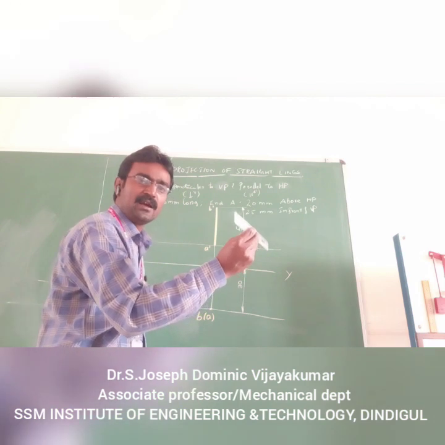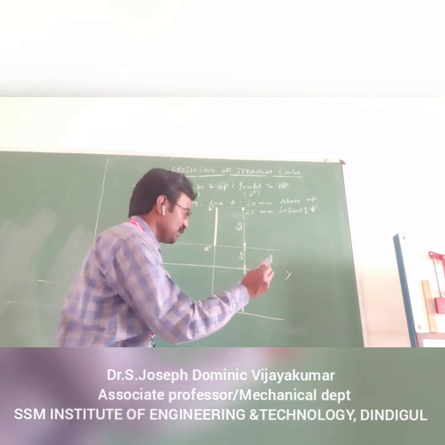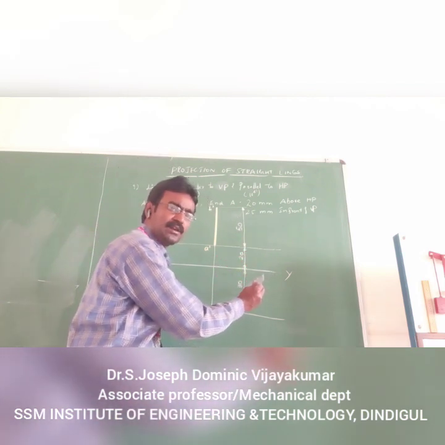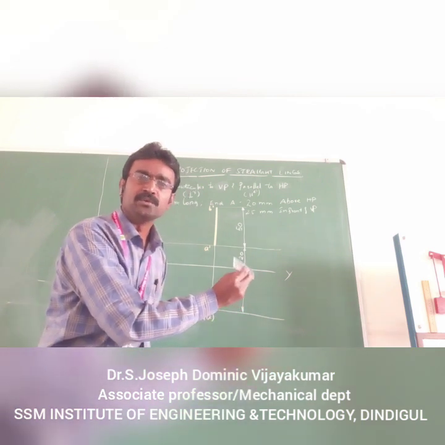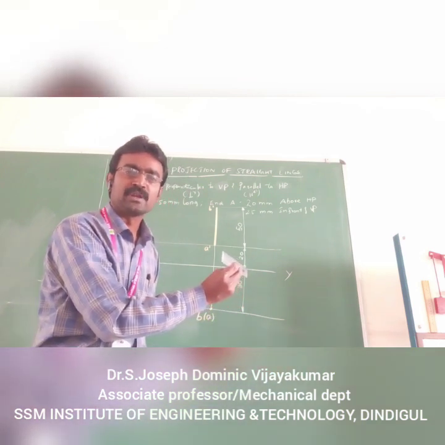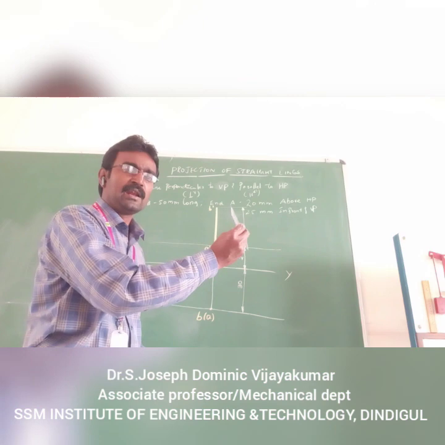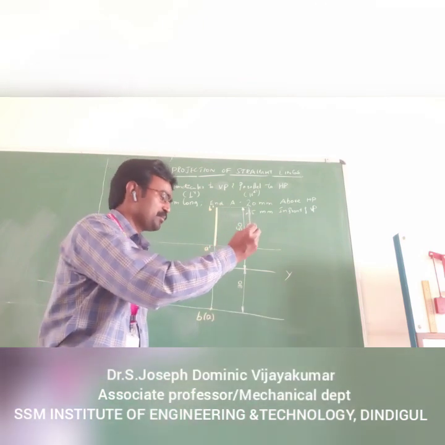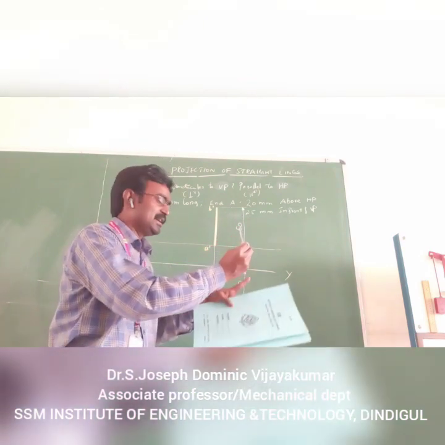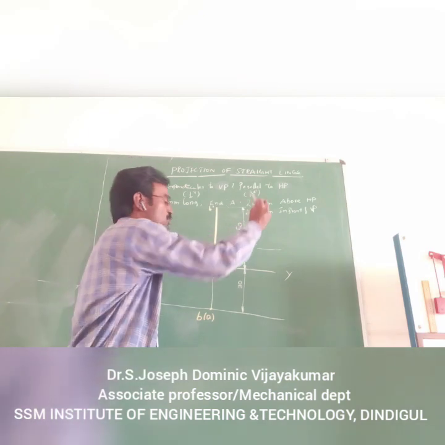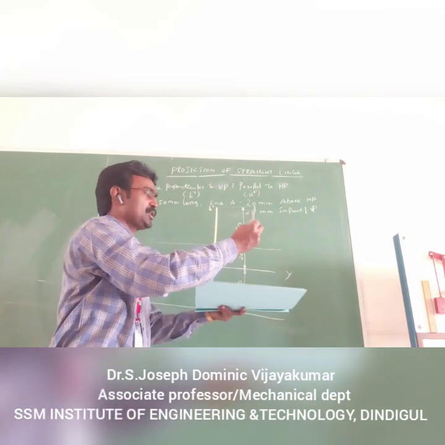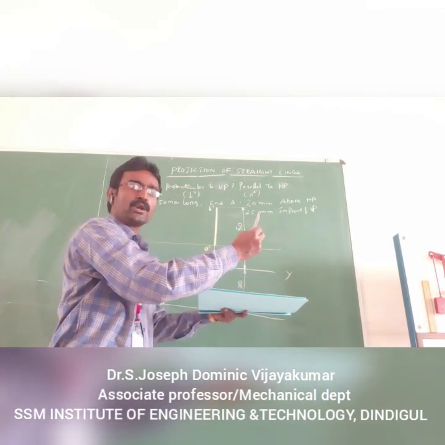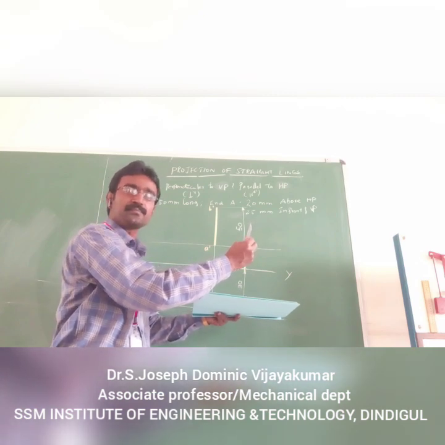We have extended the line to the vertical plane, and exactly it should be 90 degrees to the vertical plane. Similarly, from the horizontal plane, the end point A is 20 mm above HP. So that is the final location of the object.